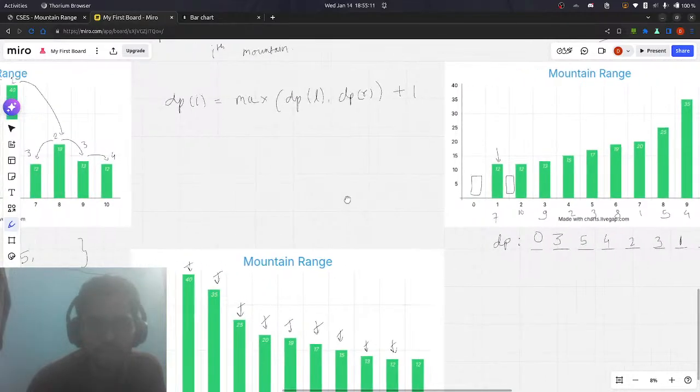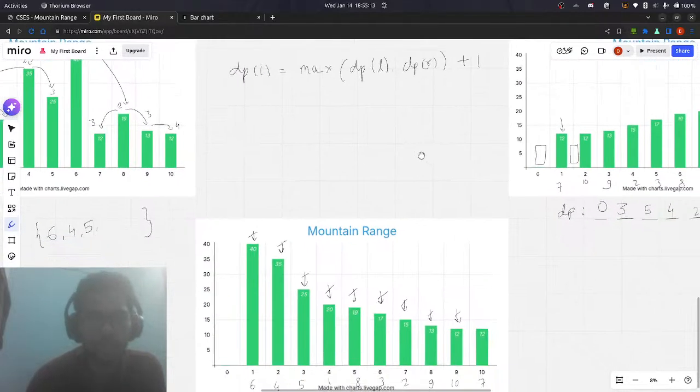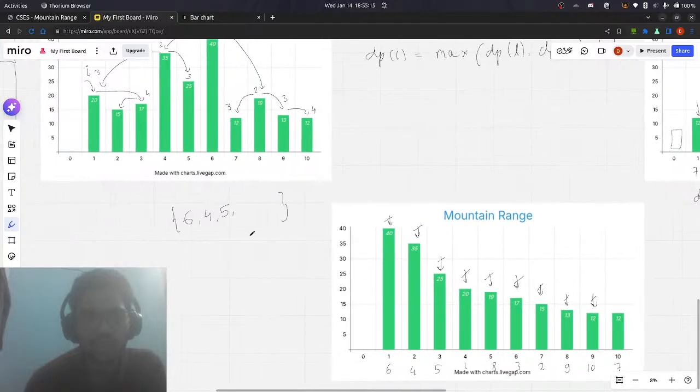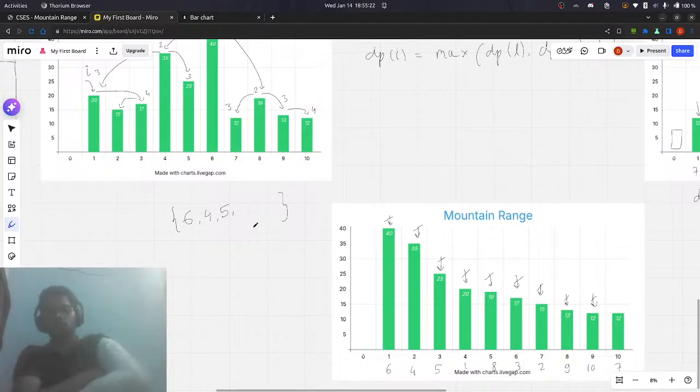And for the other 12, we will check what is in the right. For 7 we can get 8. Okay, that is okay. And from the left we will get 6.